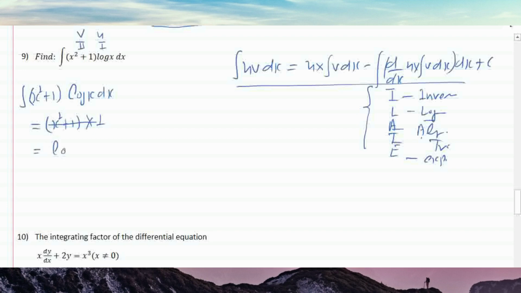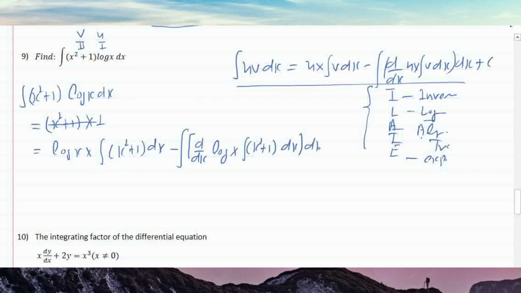This is first function into integration of second function, like this, right? And further, this is minus sign. Then I am doing the differentiation of log x multiplied by the integration of x square plus 1 dx. Then I am doing this whole integration, children, whole integration like this plus c, right?